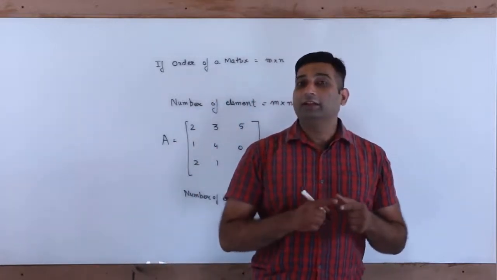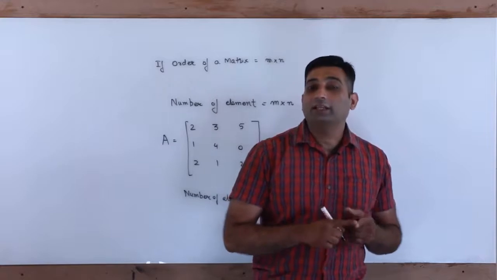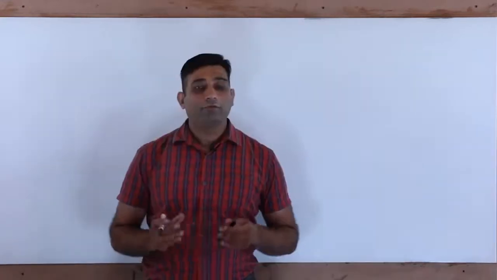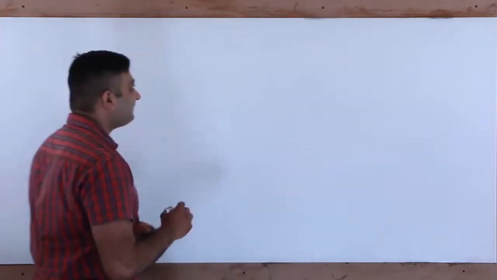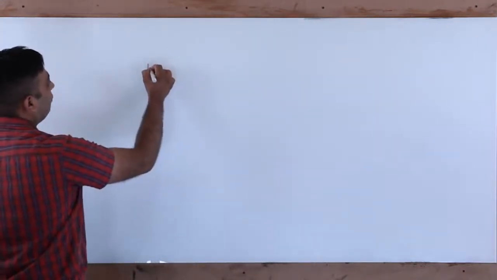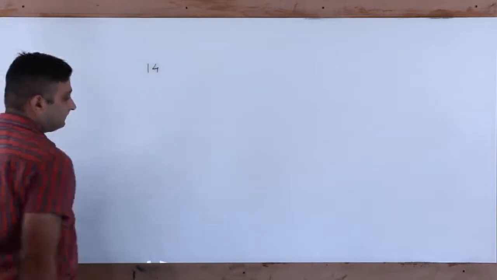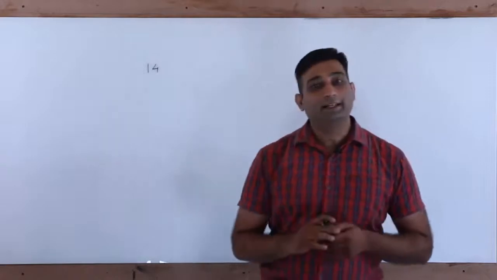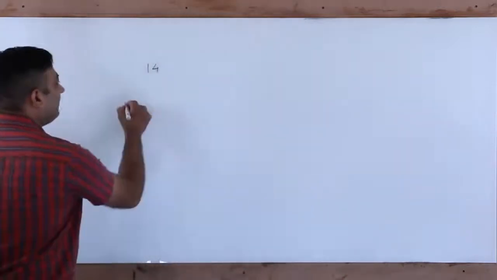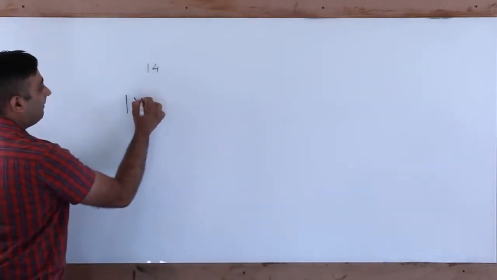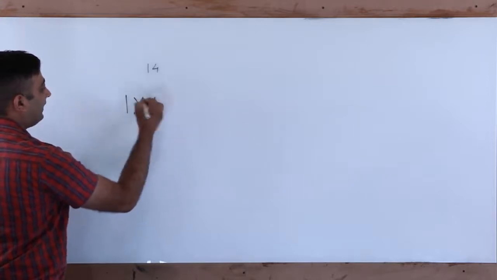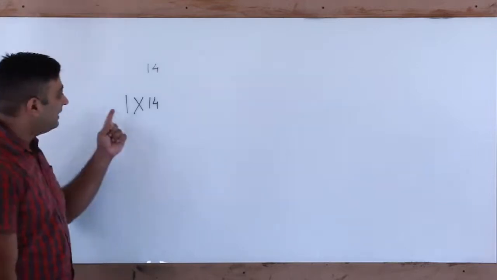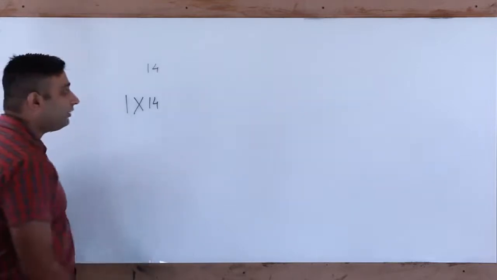If we are given the number of elements, we can always think about the possible orders of the matrices. For example, if the matrix has a total of 14 elements, then we can think of the possible orders this matrix can have. Let us think 1 by 14. That means this is one possible order of a matrix which has 1 row and 14 columns.